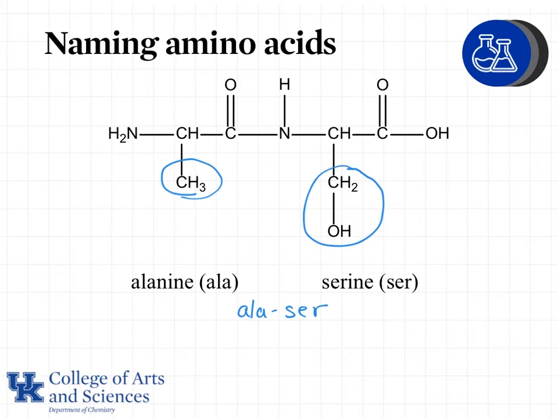And so using the 3-character abbreviations, I get ALA-SER. The longer name for this, without the abbreviations, would actually be alanyl serine. The one at the N-terminus gets changed to a YL ending, and then the second one stays the same.